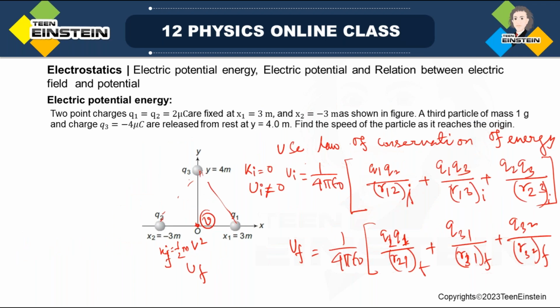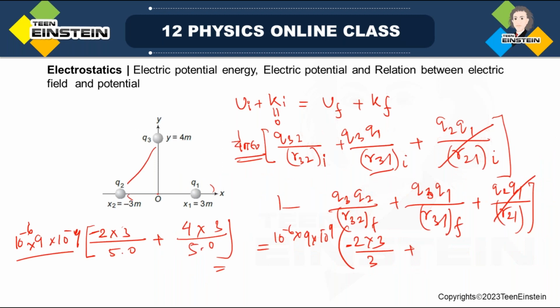Q1 and Q2 are 2 microcoulomb and Q3 is minus 4 microcoulomb. Let me write it here.